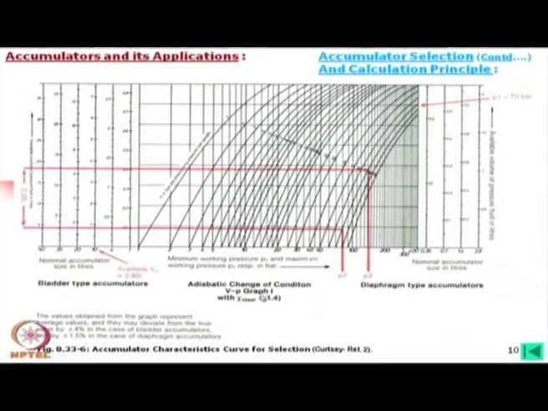The curves are on n equal to 1.4, and some other tolerances are given. If you would like to select, suppose our using volume is 2.2 liter, we may be tempted to go for a 4 liter accumulator, but in that case we may not have that good pressure range. You can study this graph separately to understand this.